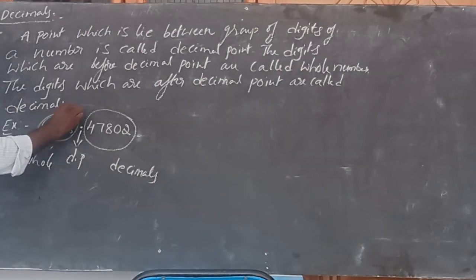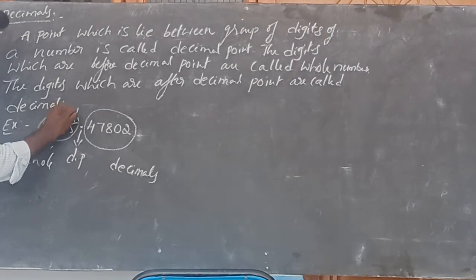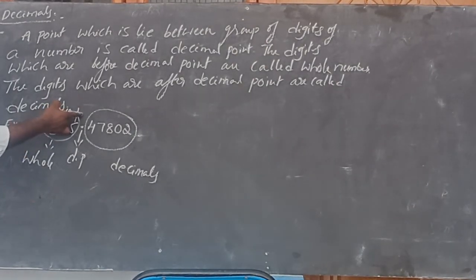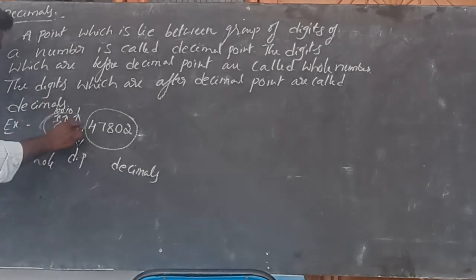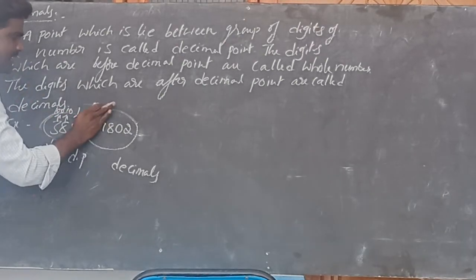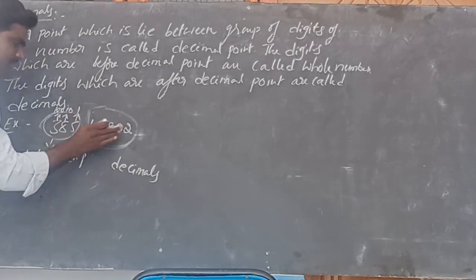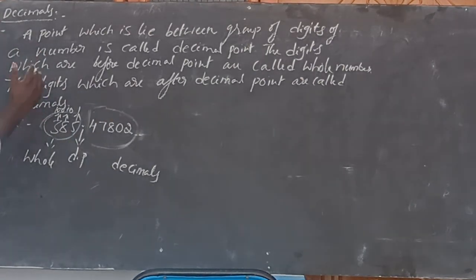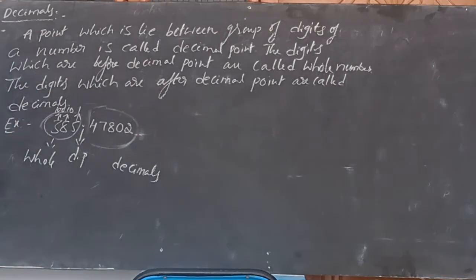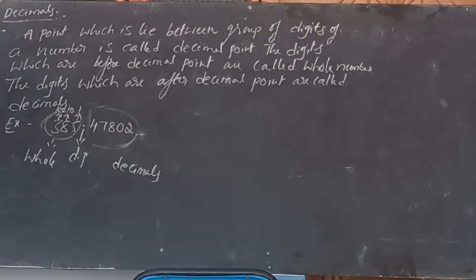The 1's place. 8 is in the 10's place, 3 is occupying the 100's place. Here the place values increase from right to left, how many times? 10 times. In the decimals, the place values of the digits in a decimal number decrease from left to right. How many times? 10 times.